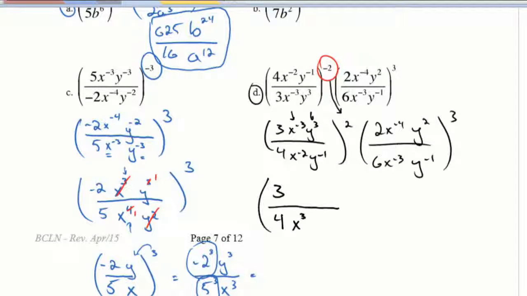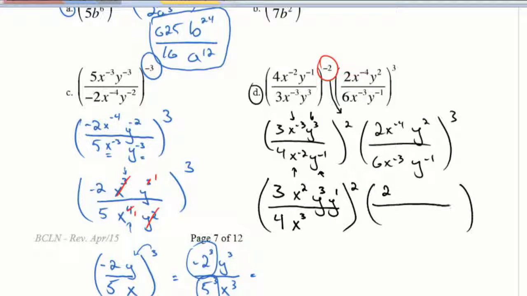Then this y to the positive 3 is still on the top. So I'm going to leave it there. Down here I had x to the negative 2. I'm going to bring that to the top and make it positive. And then I have y to the negative 1 down here. I'm going to bring it to the top and make it positive. Do the same thing in the second bracket.